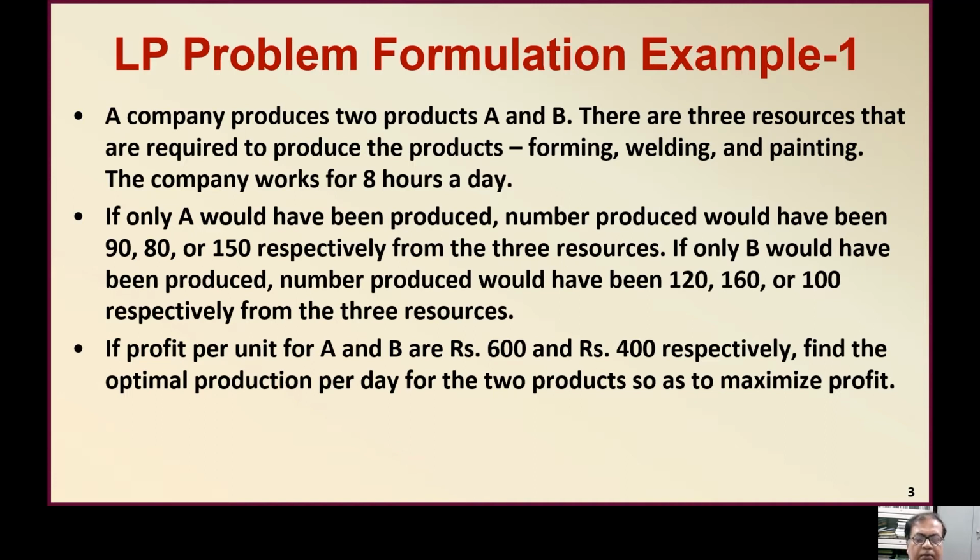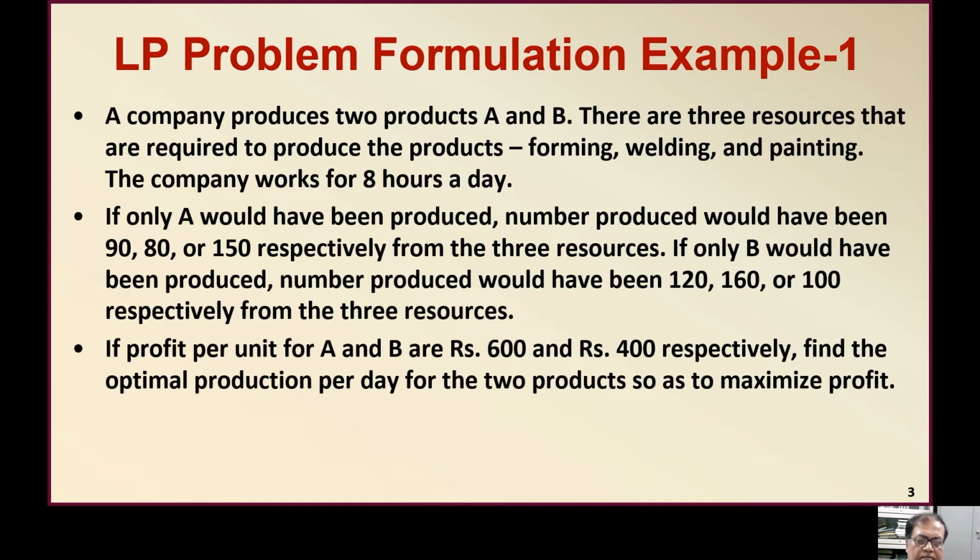The next very important question that comes to our mind: if only A would have been produced, the number produced would have been 90, 80 or 150 respectively. So supposing the full capacity is to be used in producing A only, with the forming resource we can make 90 products. With welding, 80 products. Painting, 150 products.